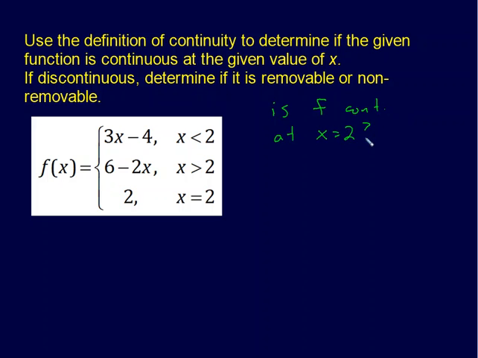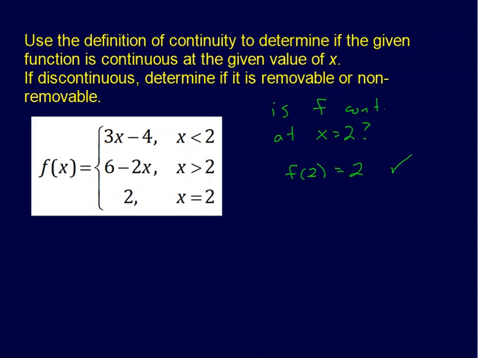That's the thing to be determined. And so the 3 parts of the checklist are, do I know f of 2? And I look over here at my definition, and it says explicitly when x equals 2, the function equals 2. So yes, I do. I know f of 2, and it's 2.